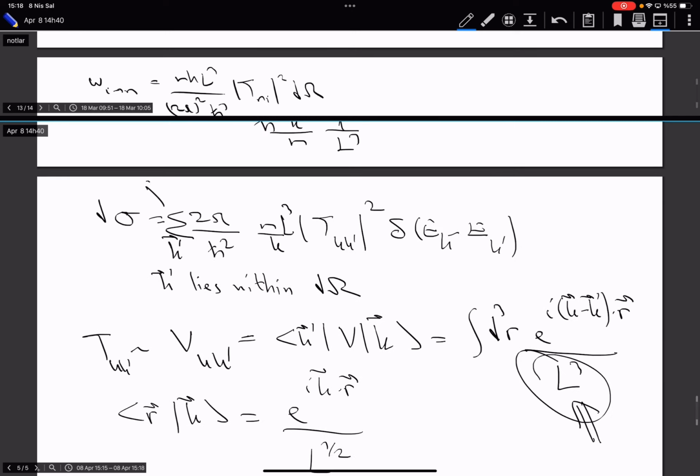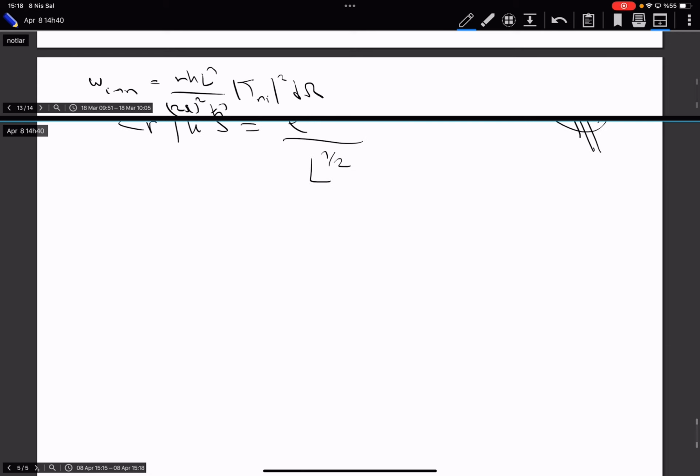Now let's look at this sum. Let's say that we are using periodic boundary conditions. What are the allowed values of k?